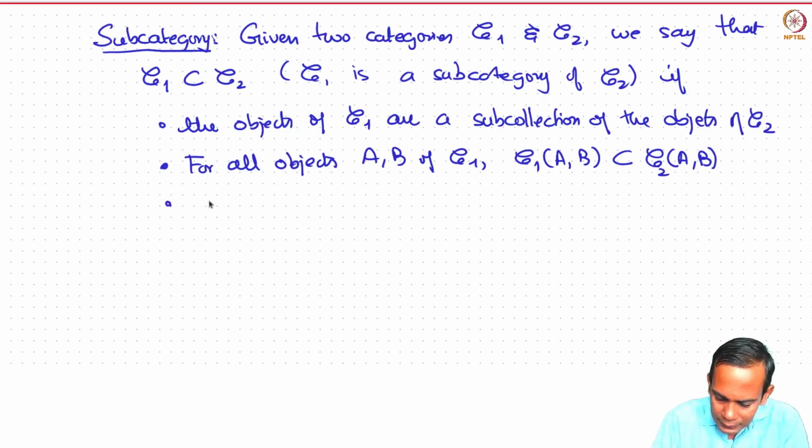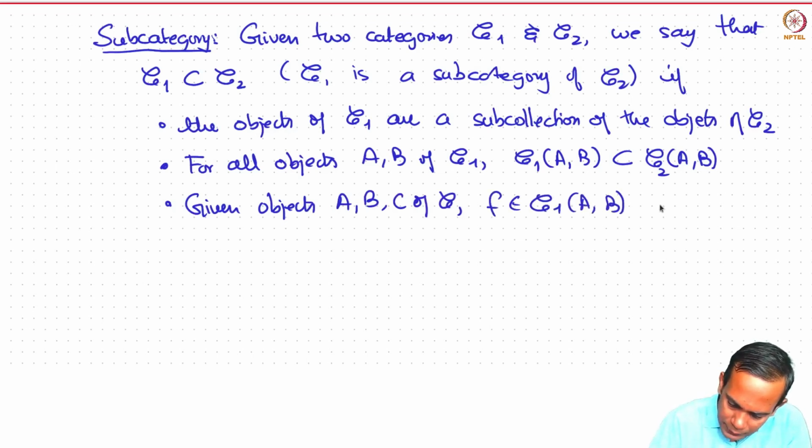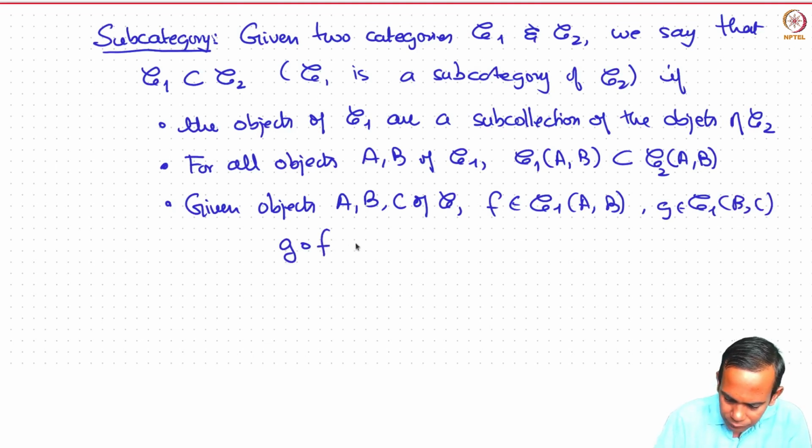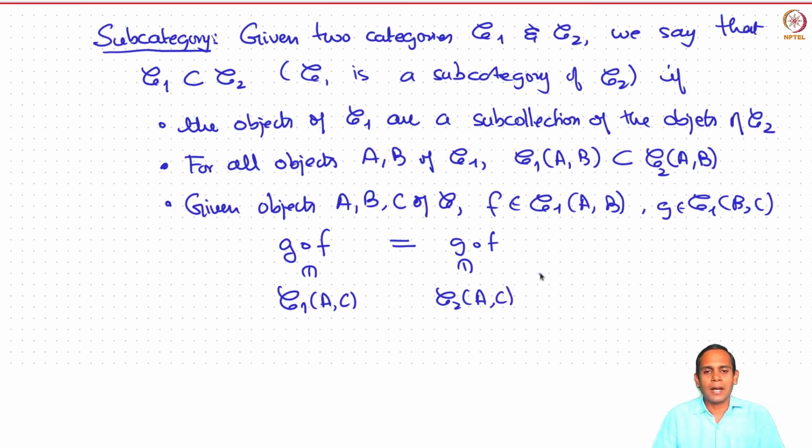And the third property is that given objects A, B, C of C1 and morphisms F in C1 from A to B and G in C1 from B to C, we have that G circle F, the composition in C1 from A to C, must coincide with G circle F in C2 from A to C. In other words, the composition maps are compatible.